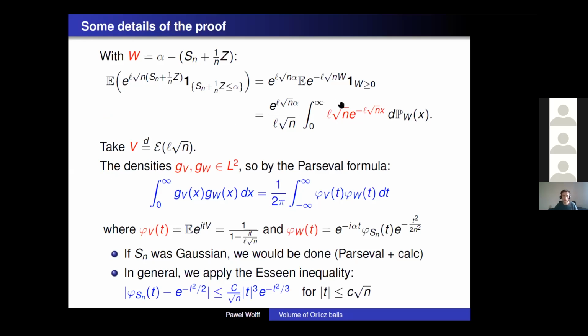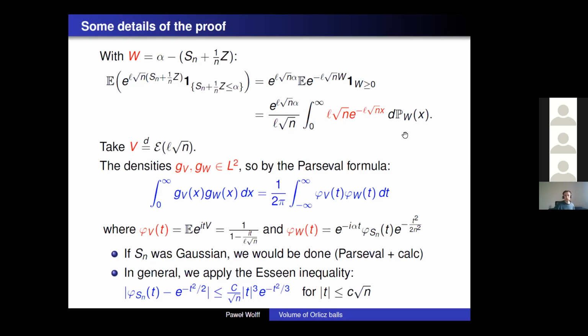I put another factor which is killed by this one, and we integrate with respect to the distribution of the random variable W. And this integrand is nothing but the density of the exponential distribution with this parameter L times square root of n.